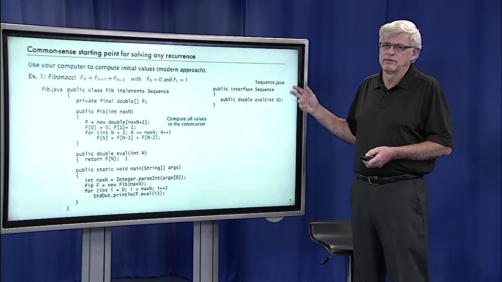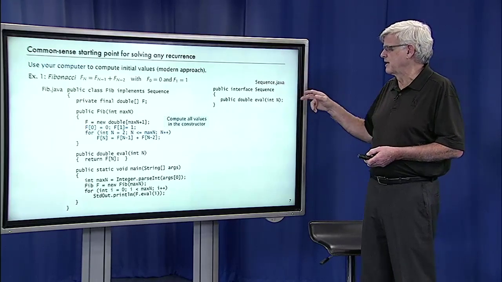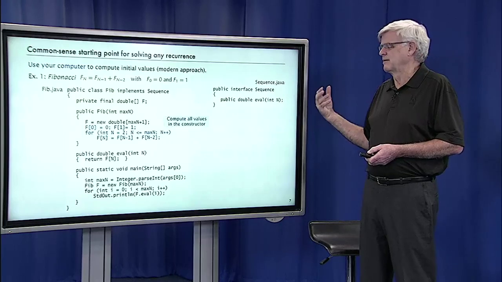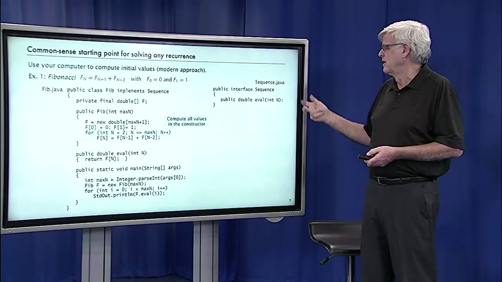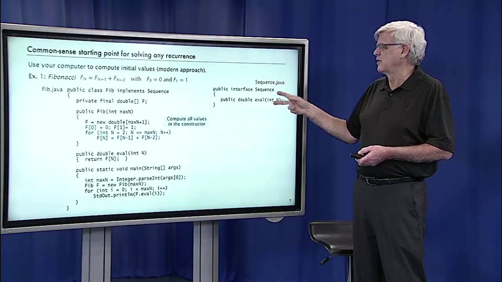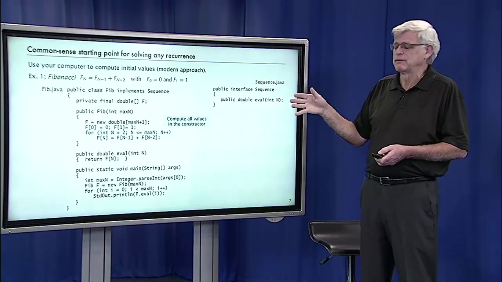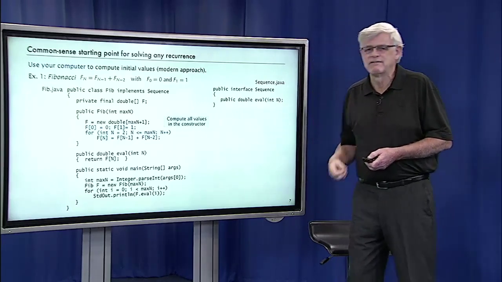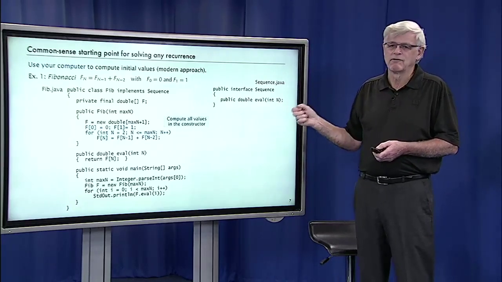And the reason that we use it is that we can write code that we can reuse for different sequences just by saying that the only way that we're going to deal with the sequence is to use this eval function to get out a particular value.